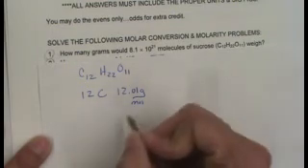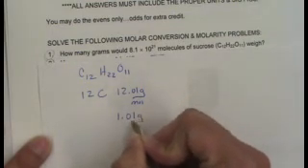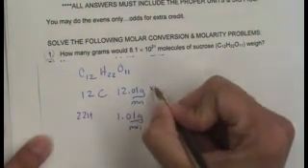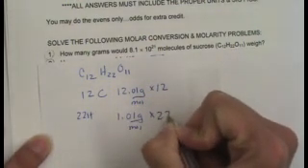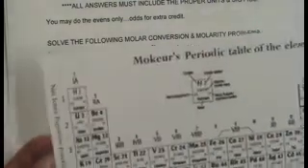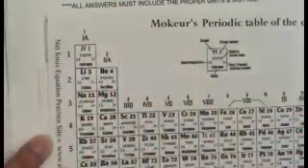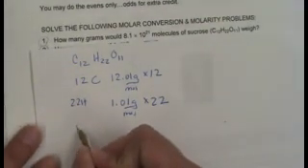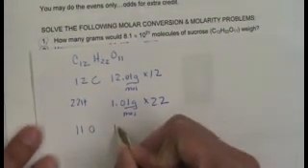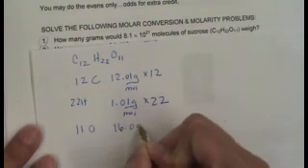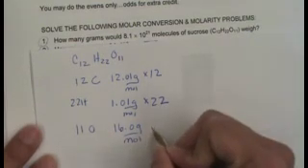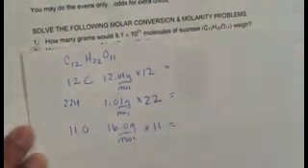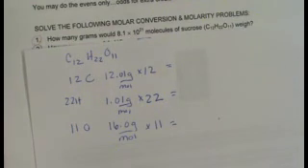Hydrogen is 1.01 per mole. We have 22 hydrogens, so this here is going to be multiplied by 12, and this is going to be multiplied by 22. And again, if we look, here's hydrogen, rounds to 1.01. And last but not least, we have 11 oxygens. Oxygen is 16.0 grams per mole. We have 11 of them, so what values do I get here, let me get the calculator.